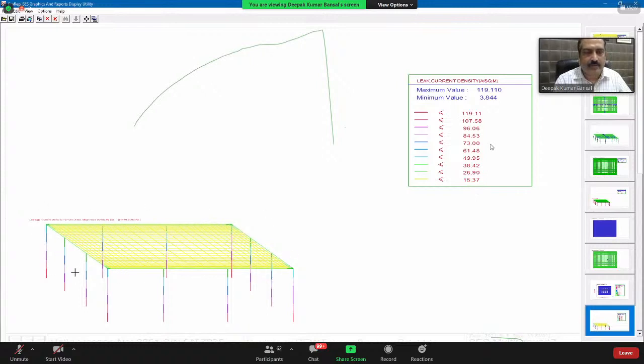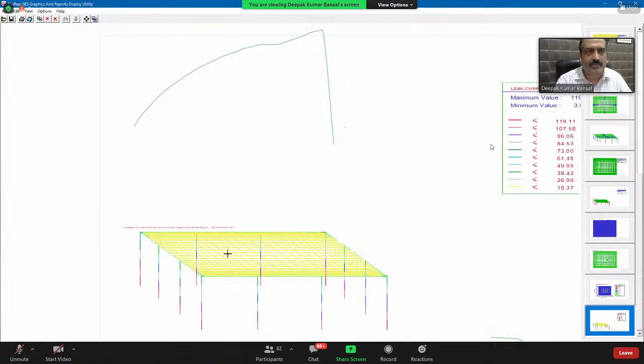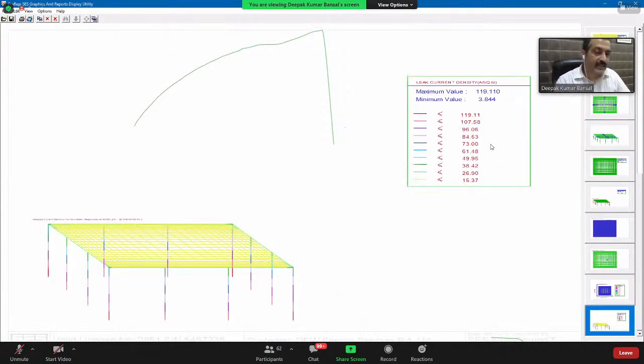Earlier we had the same current density in this region, but now it has changed. So current density, grid resistance, and touch voltage are the very important factors to decide how much conductor we should use in the earthing system.